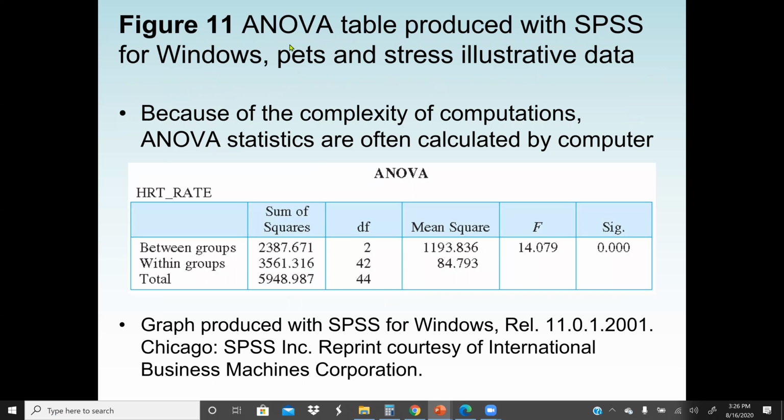So this is the ANOVA table produced with SPSS for Windows. We see the pets and also the stress illustrative data. We have between groups, within groups, and total. For the sum of squares, we have the values for the groups. In terms of the degrees of freedom, within groups is 42 and total is 44.